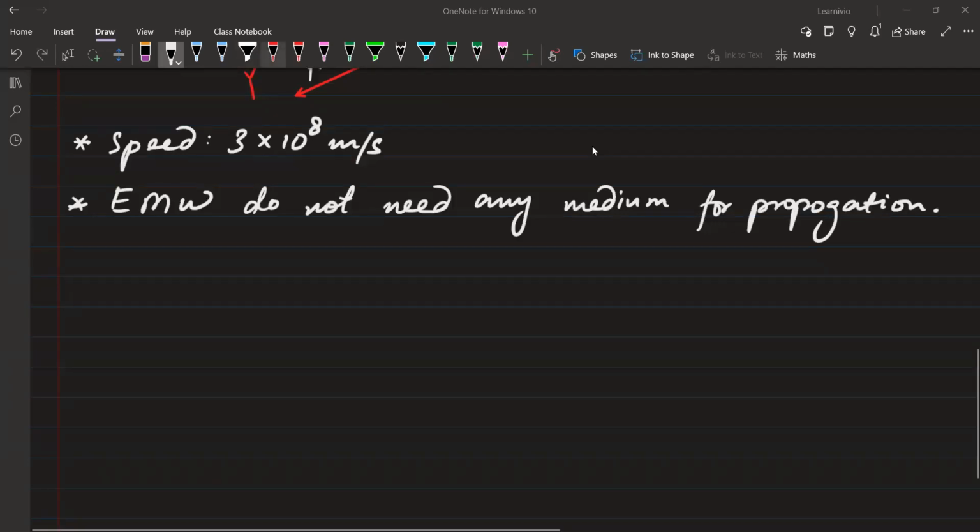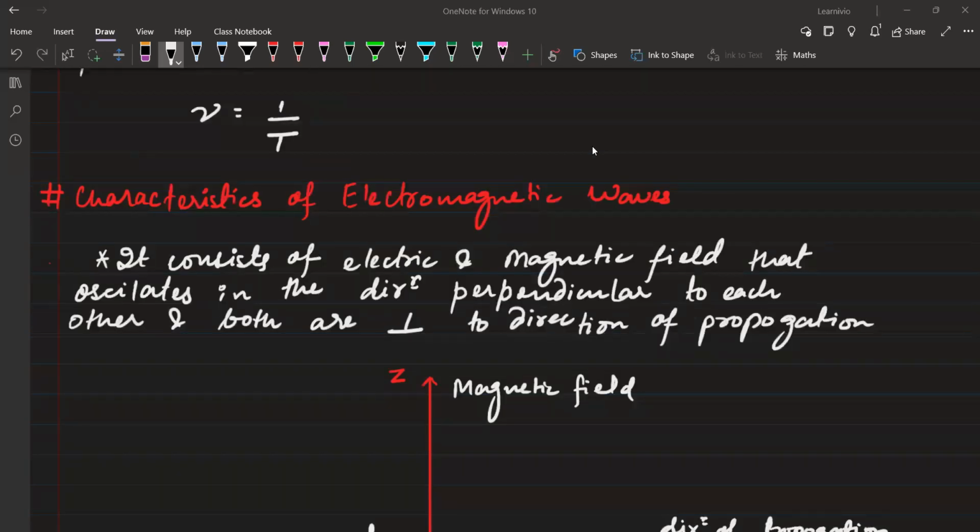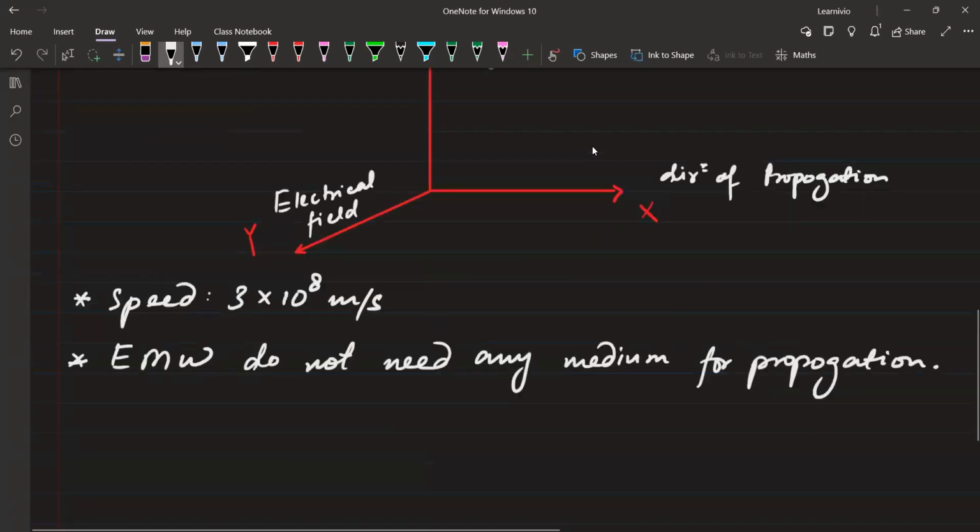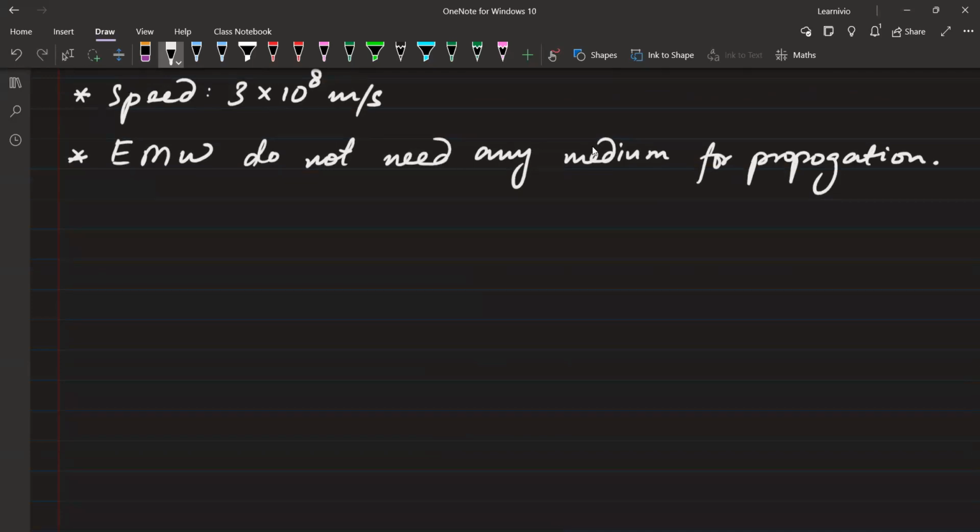Electromagnetic wave, where you have written EMW, write it here. Next is electromagnetic spectrum. What are the different electromagnetic waves? Please write with me. EMW spectrum.